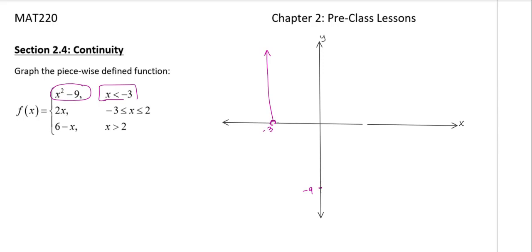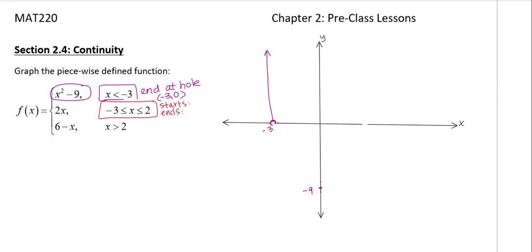Now the next piece of this piecewise is only good for values of x between -3 and 2, and it's inclusive in both. So I might want to see where each piece starts and ends. We did say that the first one is going to end at an open point at -3, 0. I just wrote down what we said verbally. Let's figure out where this second piece starts and ends.